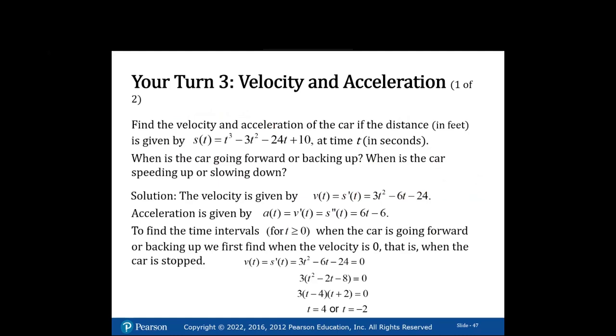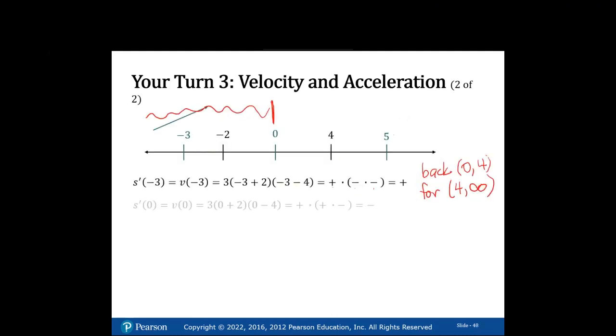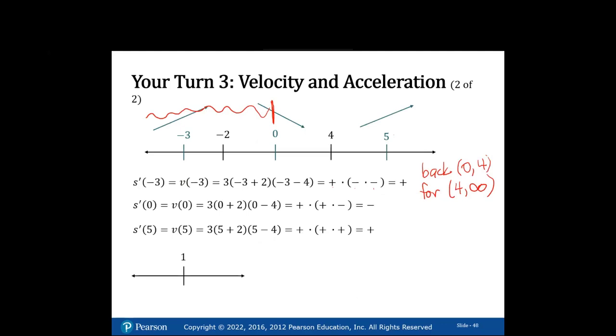For acceleration, it's 6t minus 6. So if I have 6t minus 6 equal to 0, we get t is equal to 1. So that's going to be our quote-unquote critical value for acceleration. So I put my 1 there.